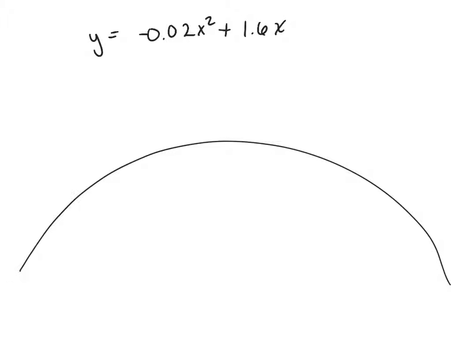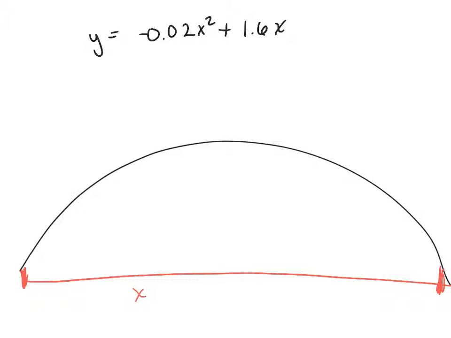The x, in this case, isn't seconds up in the air. The x is the horizontal distance, in feet, let's say, from one wall to the next.